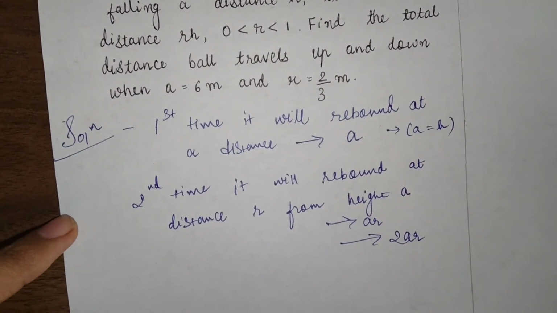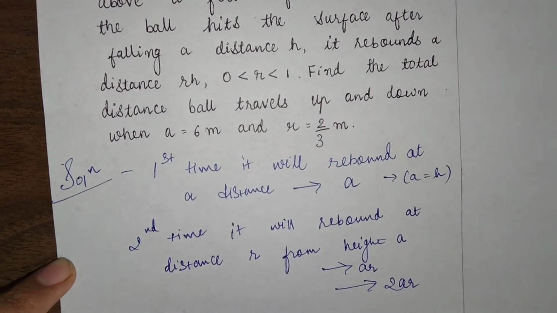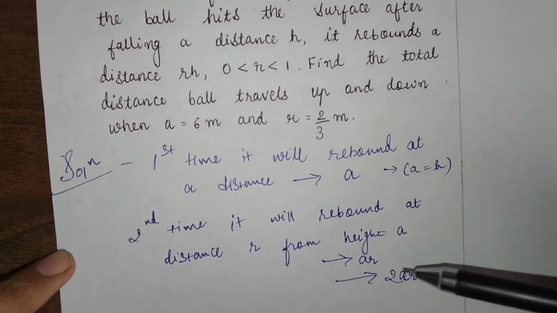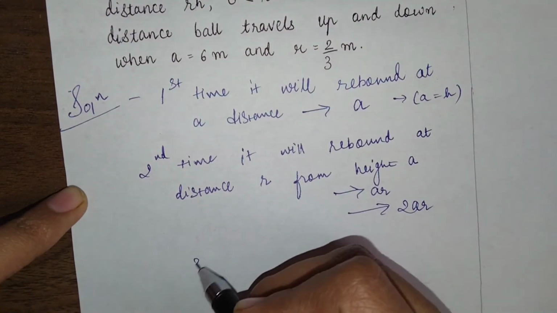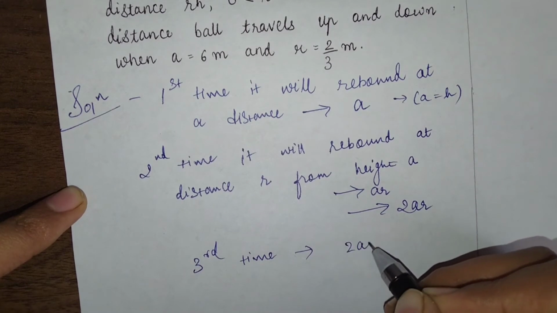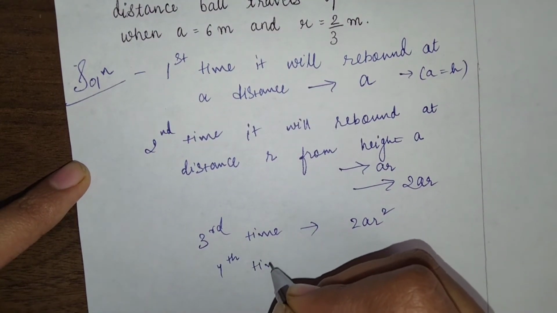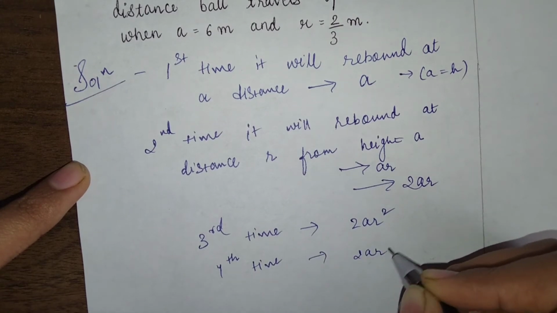Okay? Because the ball will travel up and down. The ball bounces and goes up again. So we will get 2ar. Similarly, third time, what will we get? 2ar square. Then fourth time, we will get 2ar cube.